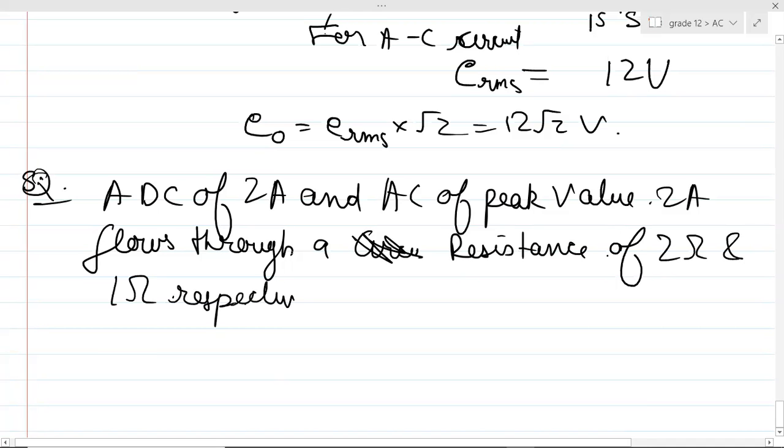Respectively means this 2 ampere direct current is flowing through 2 ohm and this AC current is flowing through 1 ohm. Everyone, is the question clear?